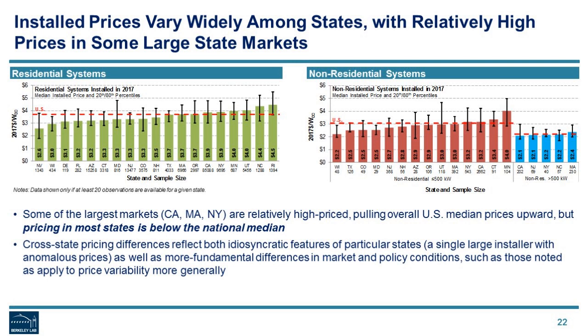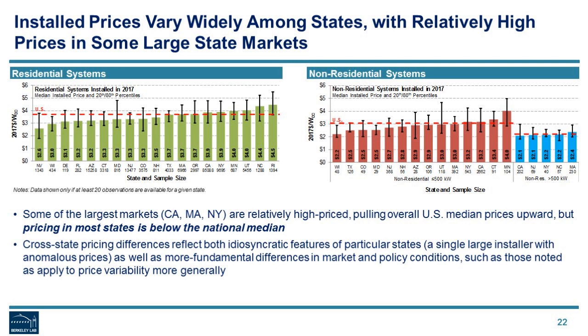And of particular note, as I mentioned before, is that the larger state markets, so California, Massachusetts, and New York in particular, also tend to be relatively high priced, and that pulls the national median price, the red dashed line, upward. Most states, though, are actually below that national median, or many states are.